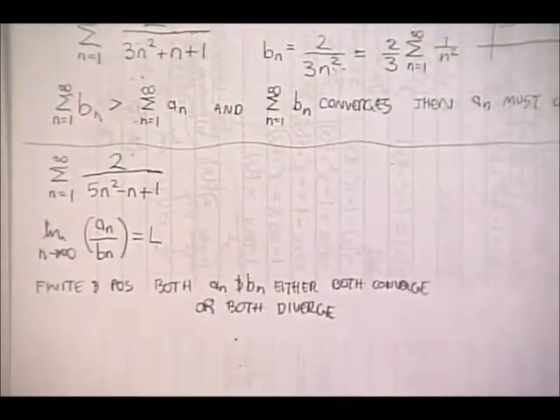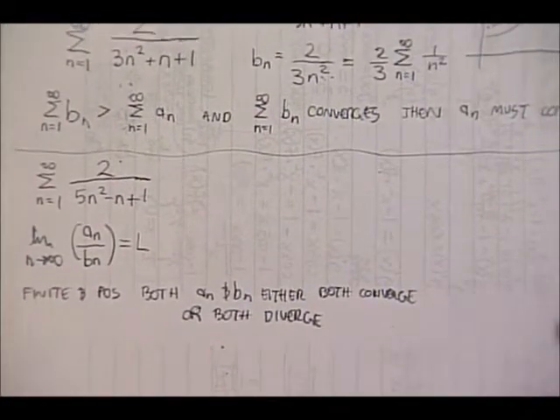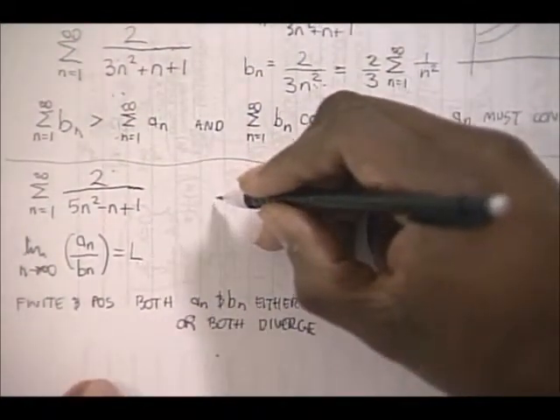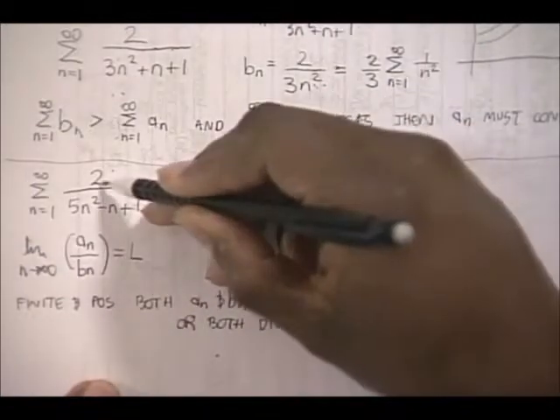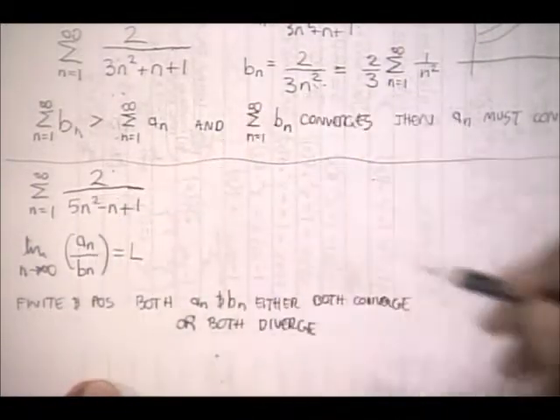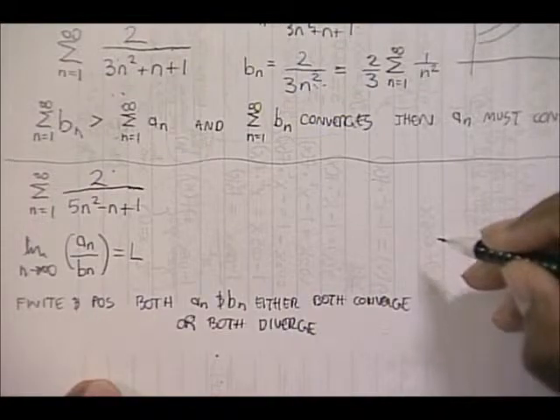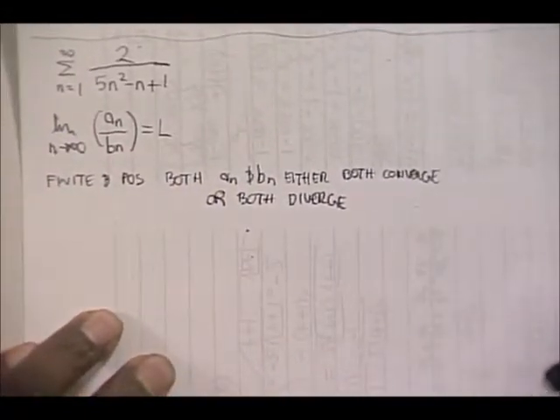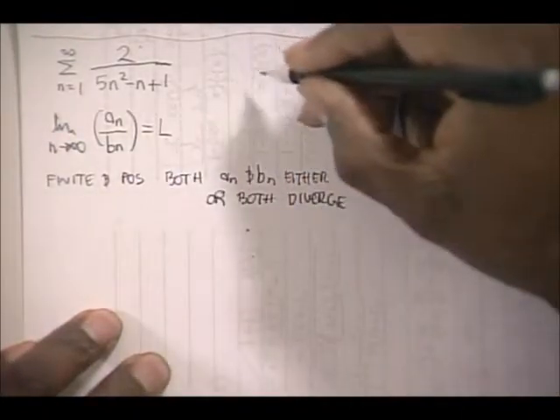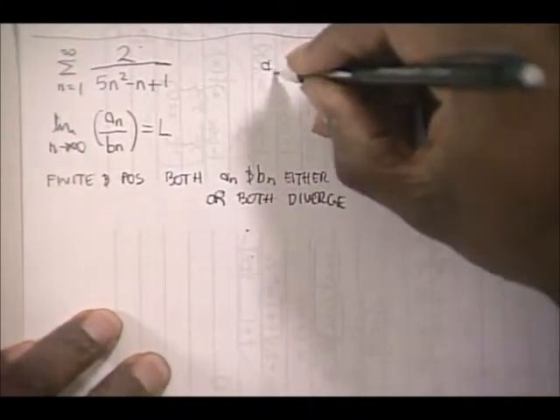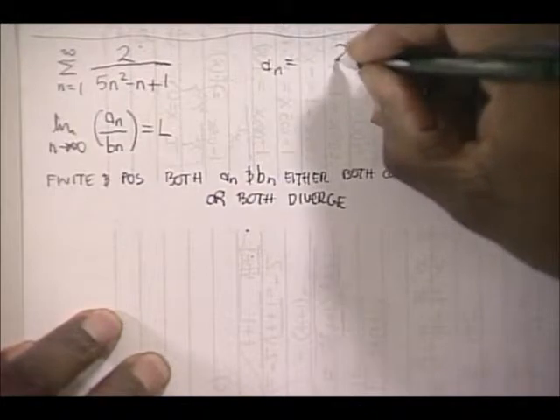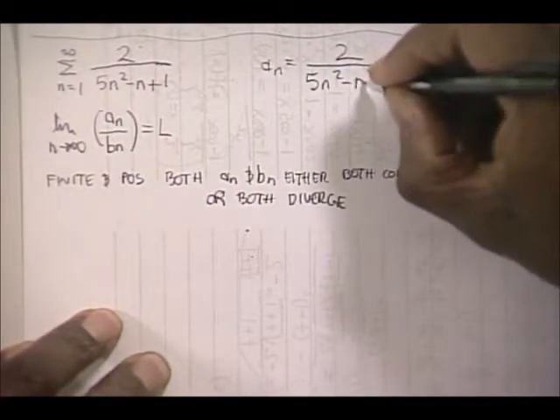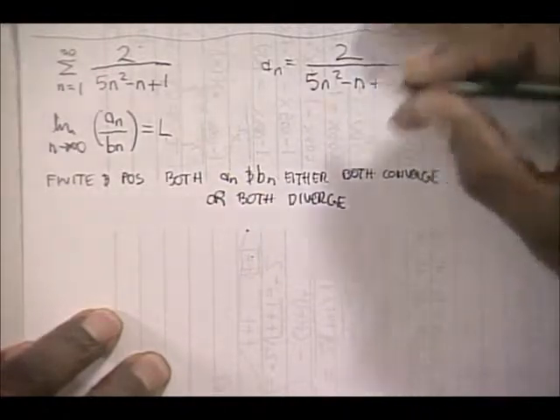So let's look at this problem here, and we'll do it right over here. So what we've got is 2 over 5n squared minus n plus 1. All right. So let's attack this problem. So let's choose a B sub n. A sub n is the original problem, 2 over 5n squared minus n plus 1.